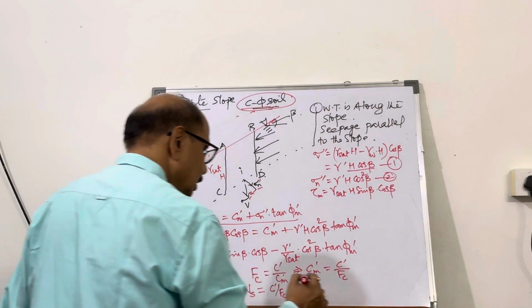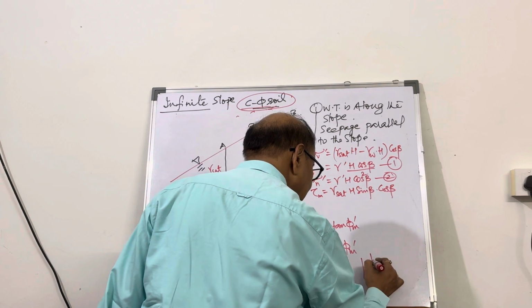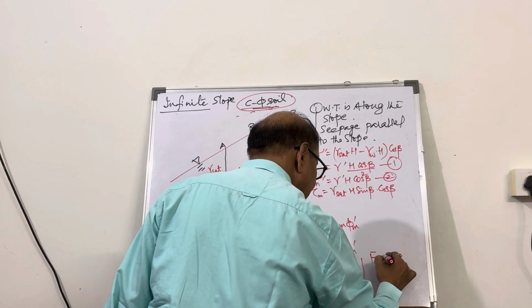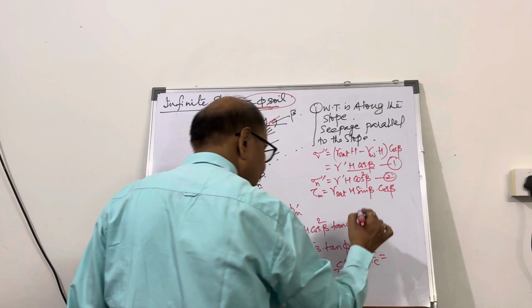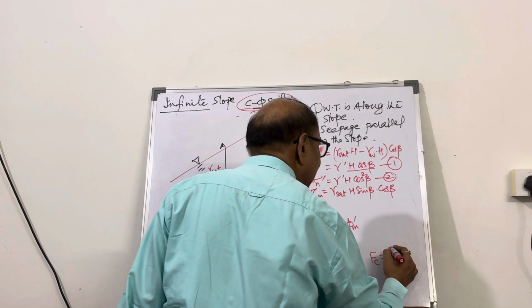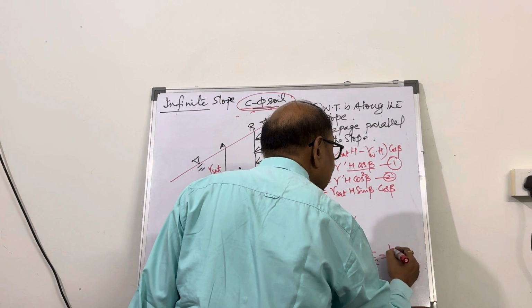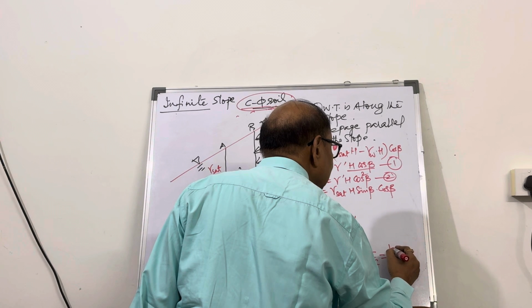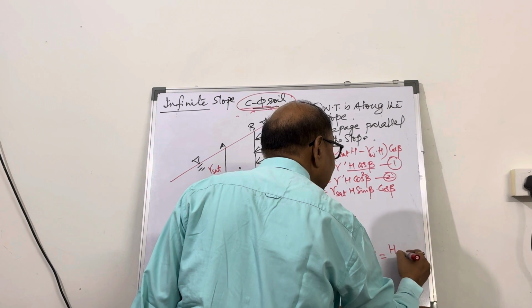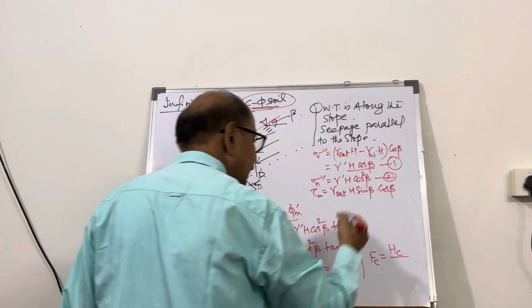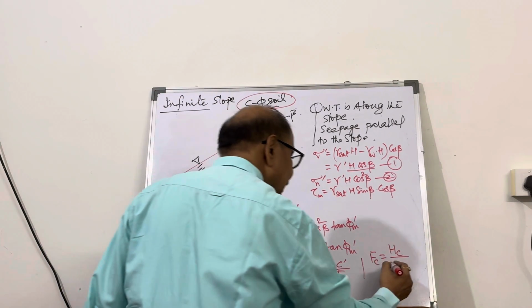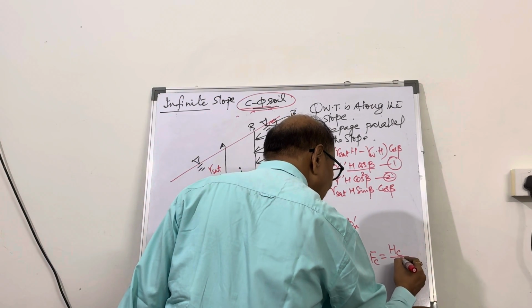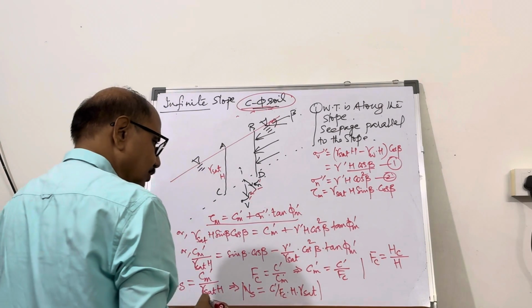Therefore, you know that Fc is the factor of safety with respect to cohesion, which is the ratio of the critical height of any slope divided by the actual height. That is the factor of safety.